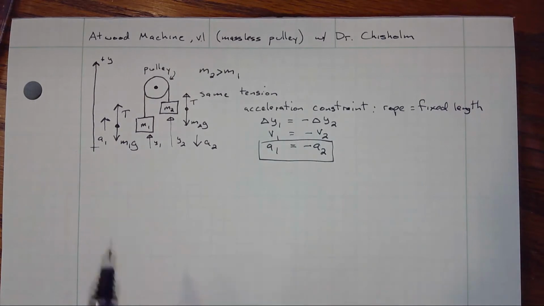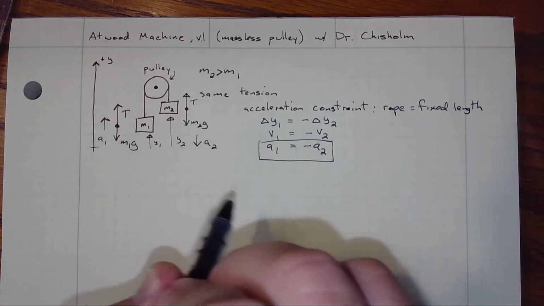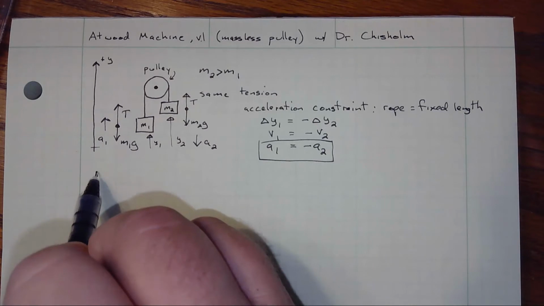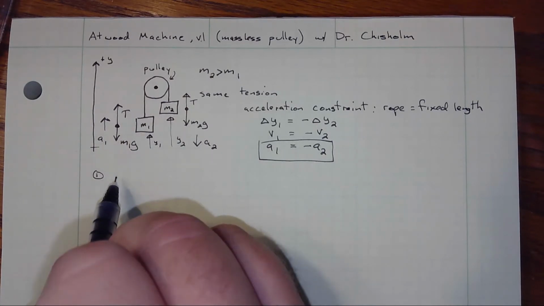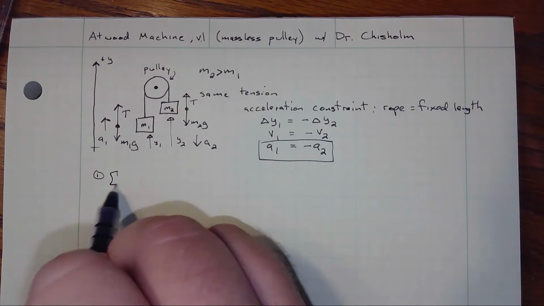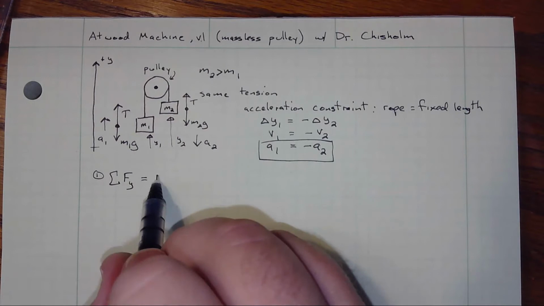So this is just a force problem, or rather, we're first going to solve it as a force problem. We've already started by drawing our free body diagrams. If I look at block number 1, the only forces we have to worry about are vertical forces, not horizontal ones. So the sum of forces in the vertical direction: I have tension pulling up, so that's positive.